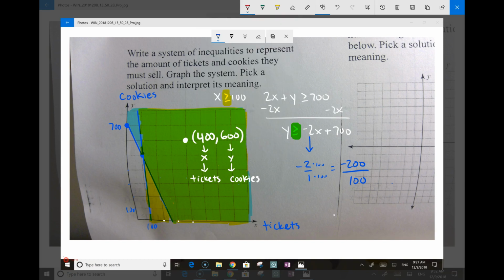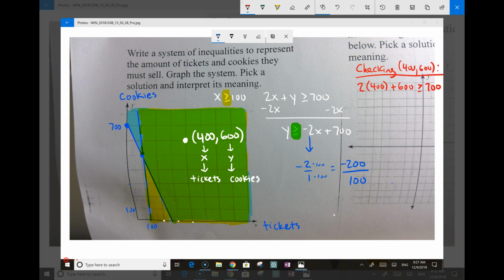If I were to take my x and y and replace them each with their respective values, we're going to check 400 and 600 right here. What I would get is 2 times 400 plus 600 must be 700 or greater.